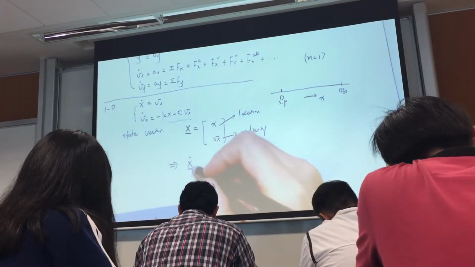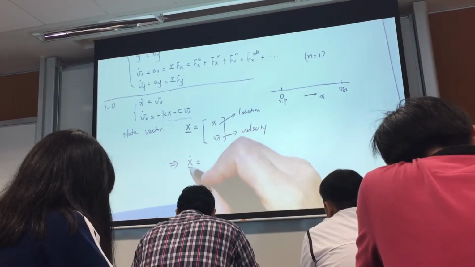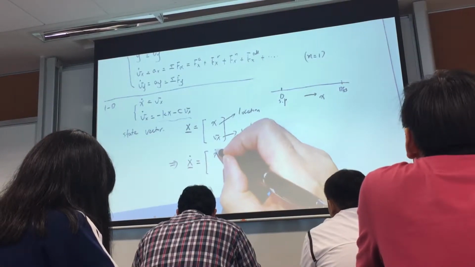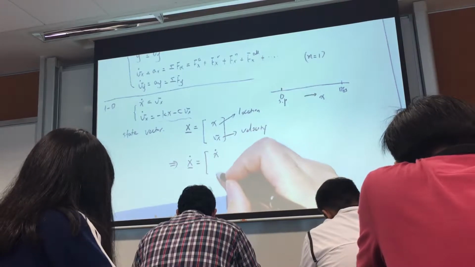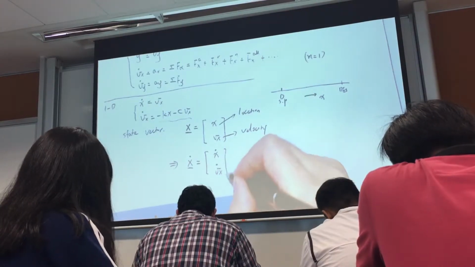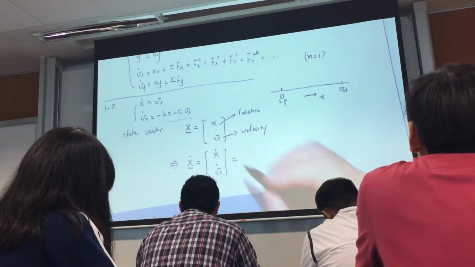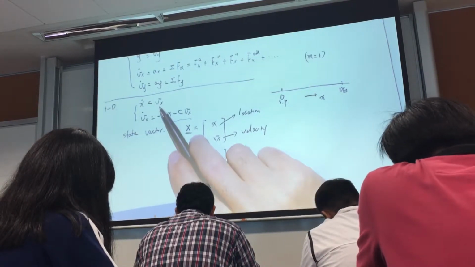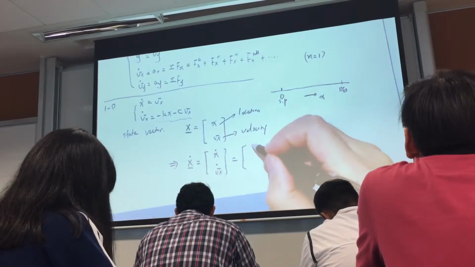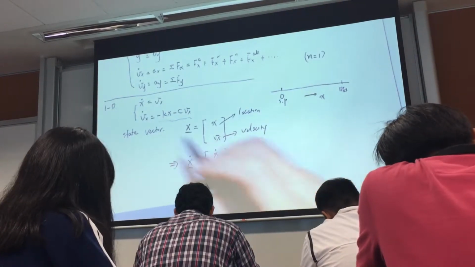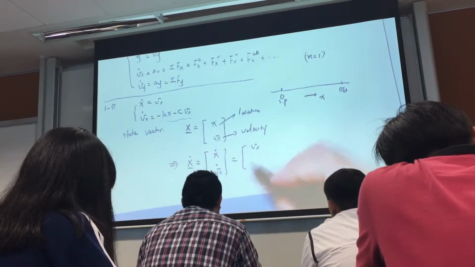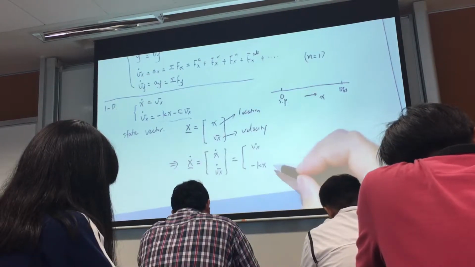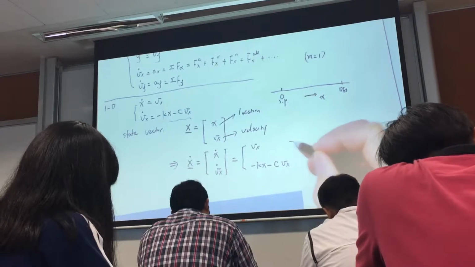This x dot will be the location's derivative, the small x dot, and this Vx dot. We know the x dot from the differentiation is equal to Vx. And this Vx dot, I define to be minus Kx minus C Vx.